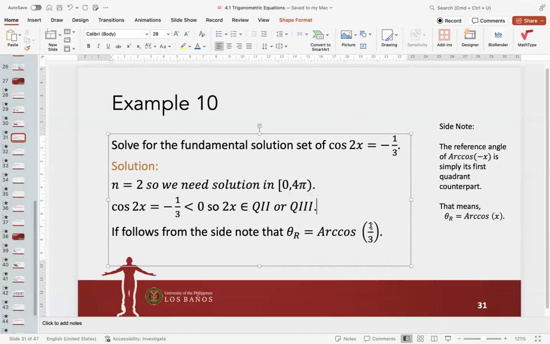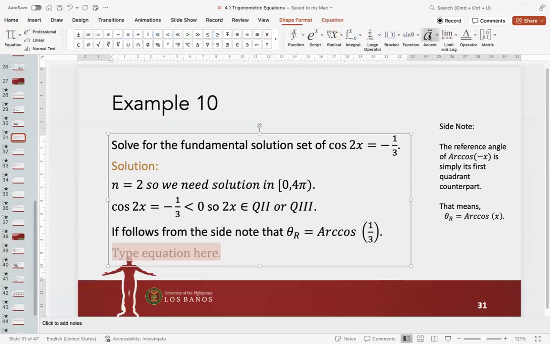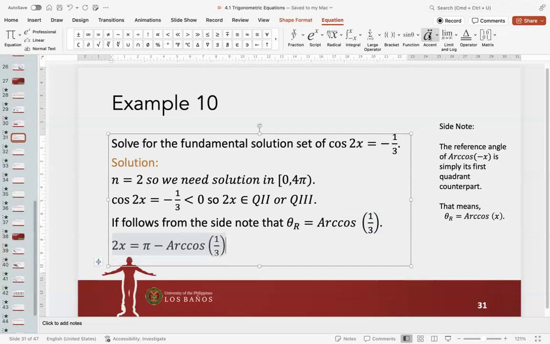So now that we know our reference angle, we can now easily solve for the value of 2x. So 2x is equal to, in the second quadrant, that would be pi minus arc cos 1/3. Okay, and in the third quadrant, that would be pi plus arc cos 1/3.